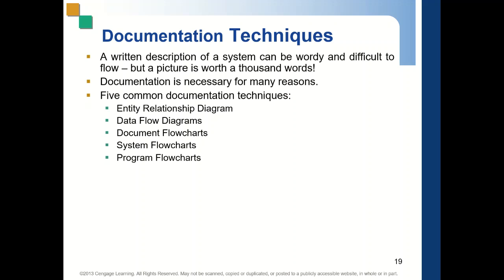Now that we've forgotten, we may in fact now make changes that take us back to the issue that we are trying to avoid, and therefore maybe result in some kind of harm or loss to the organization. So it is important that we document systems.